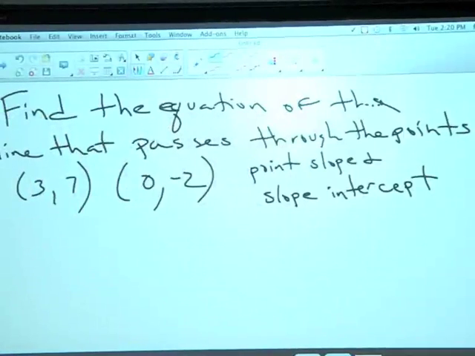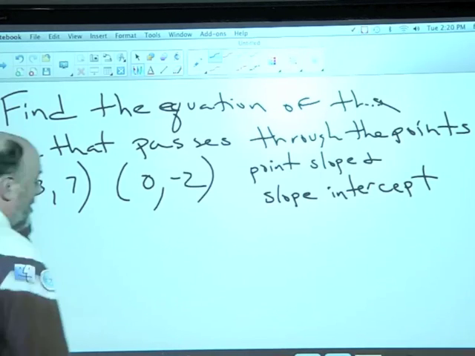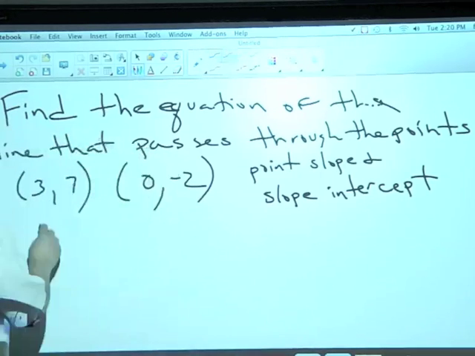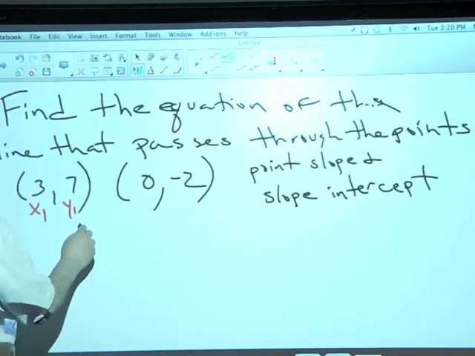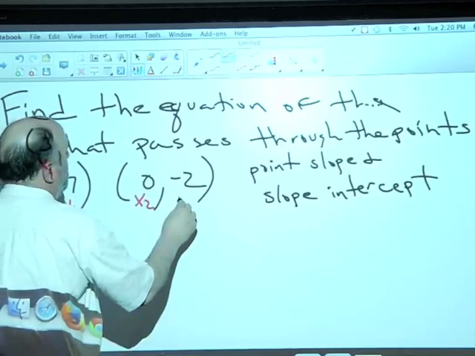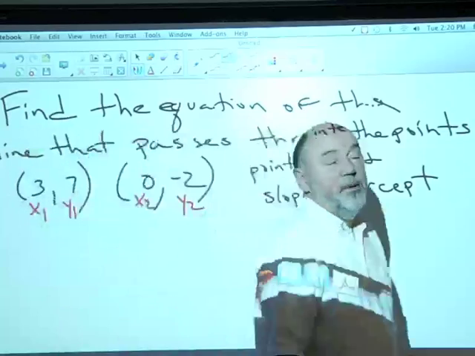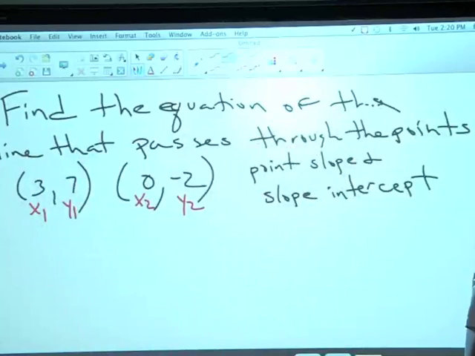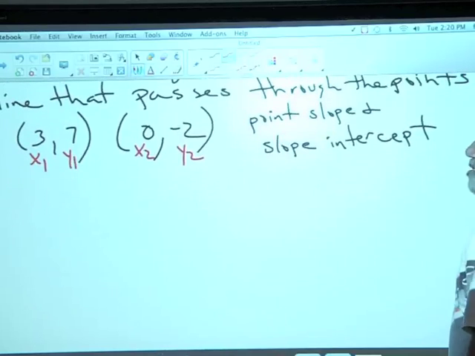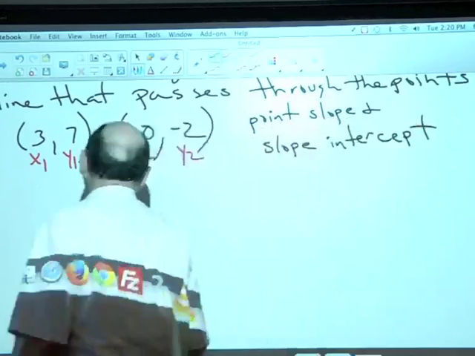Well, in order to get the equation of the line in either one of these forms, the first thing I need to know is the slope given the set of points. So we've done that. X1, Y1, X2, Y2. I plug that in and I get my slope.